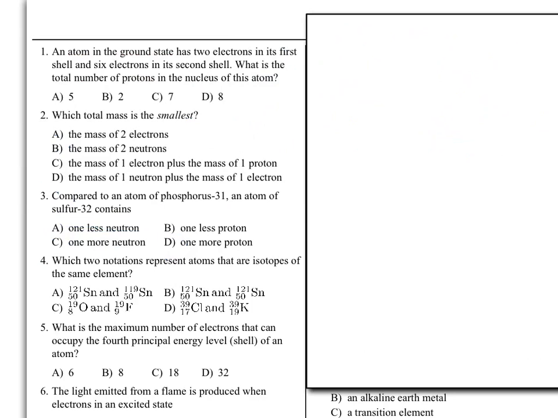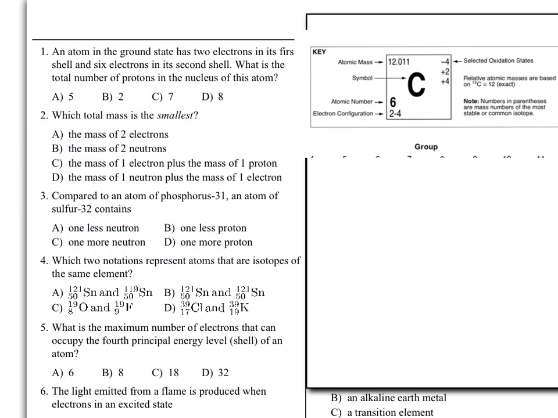Question number 4 asks us which two notations represent atoms of isotopes of the same element. So let's think about how isotope notation looks based on our periodic table. Based on our periodic table key, recall that we have the electron configuration, which sums to find the total number of electrons. We have the number of protons represented by the atomic number, and that's a bold number.